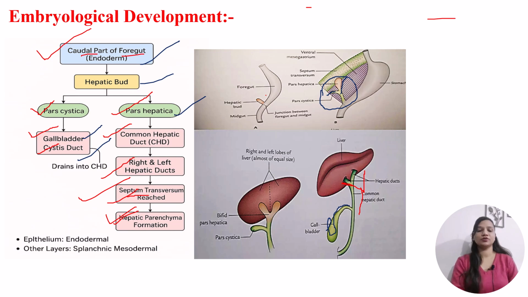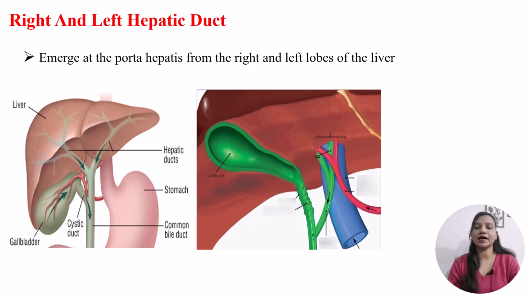Okay, moving on, now we'll start the first structure of the extrahepatic biliary apparatus, which is the right and left hepatic duct. They emerge at the porta hepatis from the right and left lobe of the liver respectively. So what is porta hepatis?